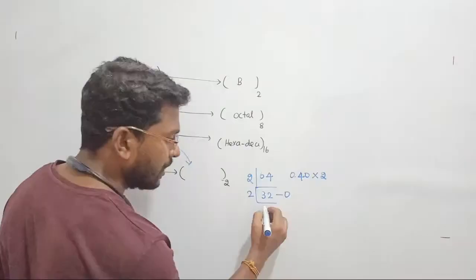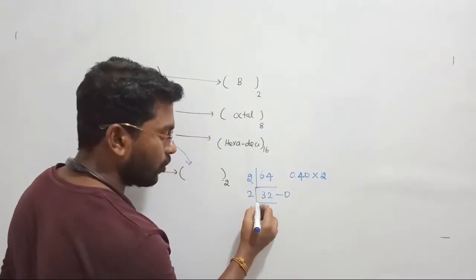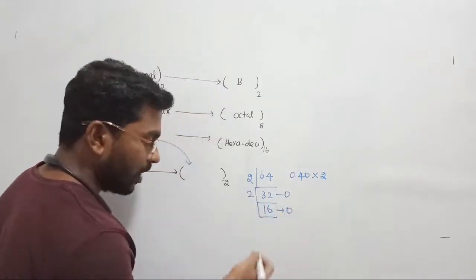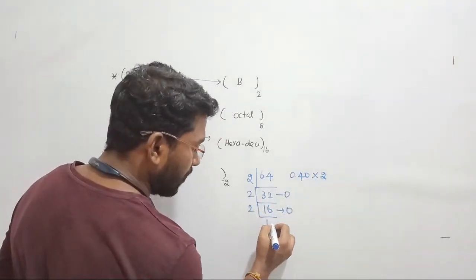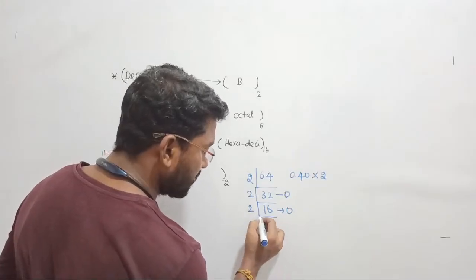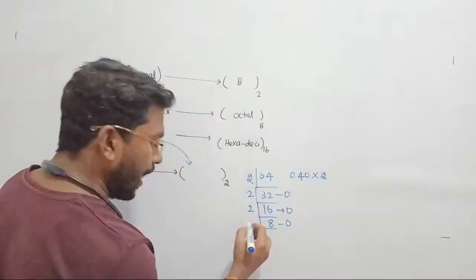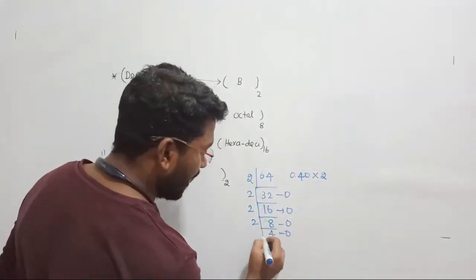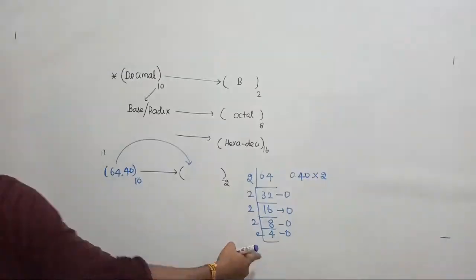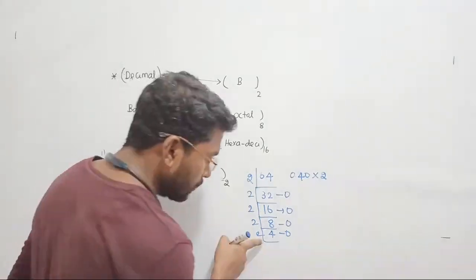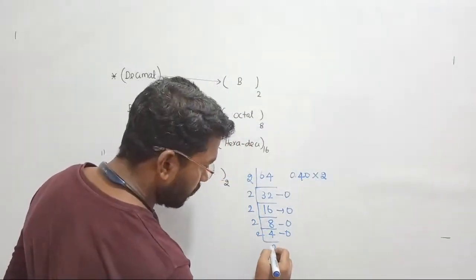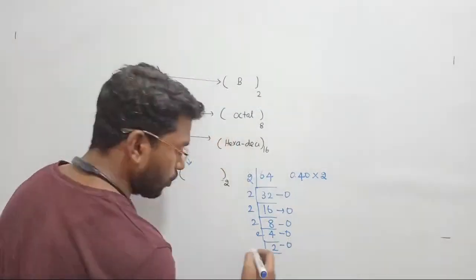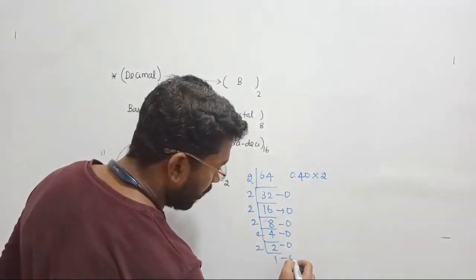Again divide by 2, I am getting 8. 8 times 2 will give you 16. Remainder 0. Again repeat it. Divide by 2, we are getting 4. Remainder 0. Again divide by 2. Right? Is it visible? Yeah, it's visible. Good. So again if I repeat it, 2 times 2 will give you 4. Remainder 0. Again if I repeat, 1 times 2 will give you 2. Remainder 0. Again, 0 times 2 gives 1 remainder 1.